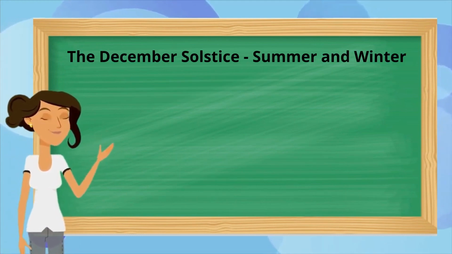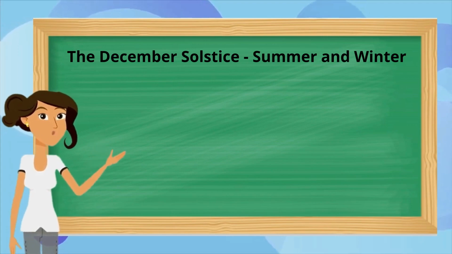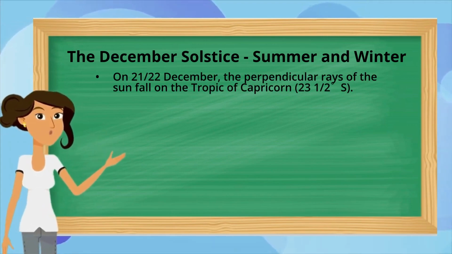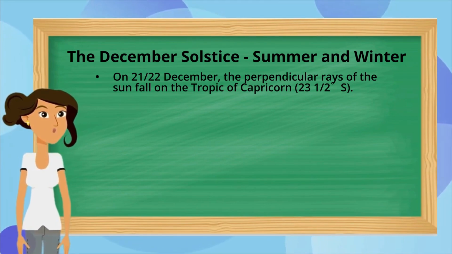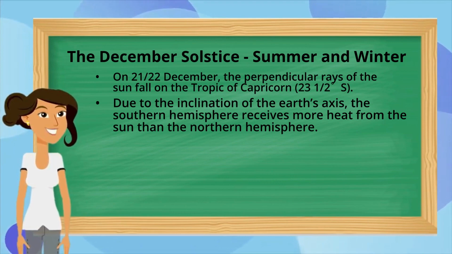The December solstice appears between summer and winter. On 21st to 22nd December, the perpendicular rays of the sun fall on the Tropic of Capricorn, which is 23.5 degrees south. Due to the tilting of the Earth's axis, the southern hemisphere receives more heat from the sun than the northern hemisphere.